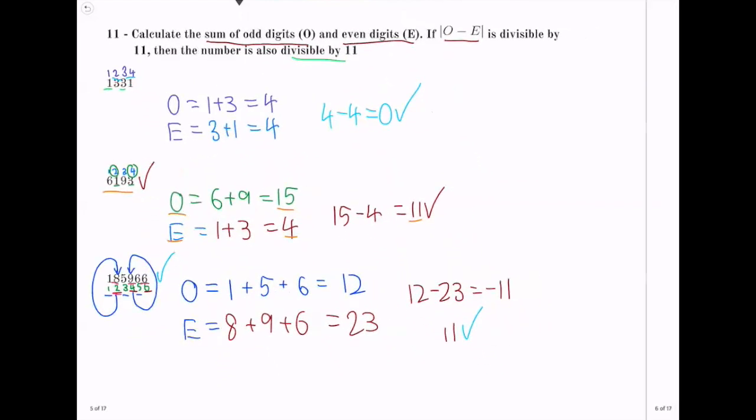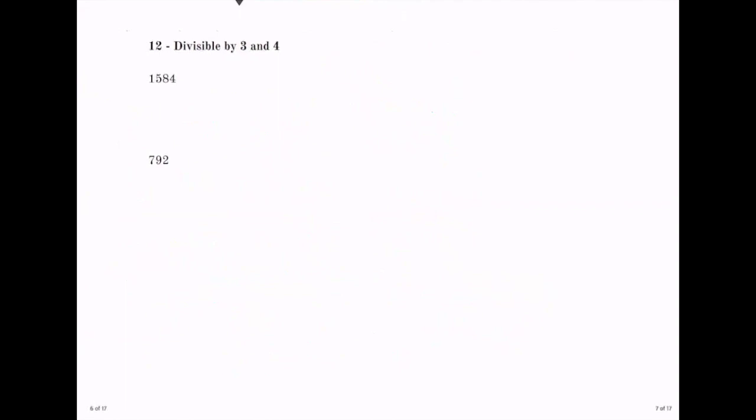Let's continue now to 12. And 12, again, is just going to be 3 and 4. If it's divisible by both 3 and 4, and remember, and is very important here. It has to be both of them, not just one of them. So let's try 1584. Let's find whether it's divisible by 3 first.